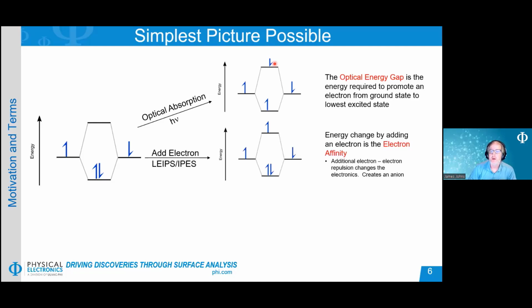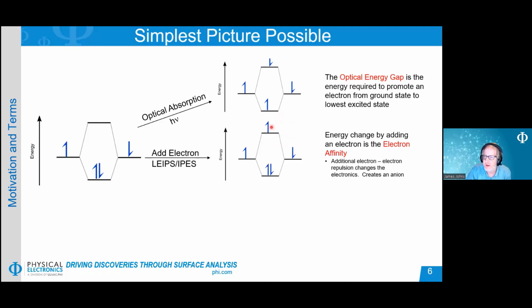Next, we're going to add an electron, because this is what we do in inverse photoemission. In inverse photoemission, we add an electron and look for photons that come out. But importantly, we're just going to add this electron and it's going to tell us information about the energy of this LUMO, or this excited electronic energy level.